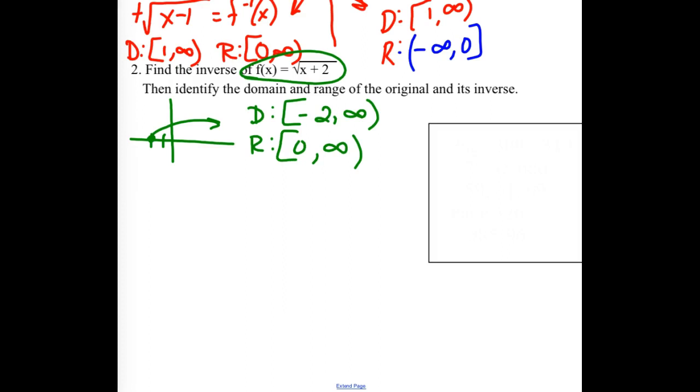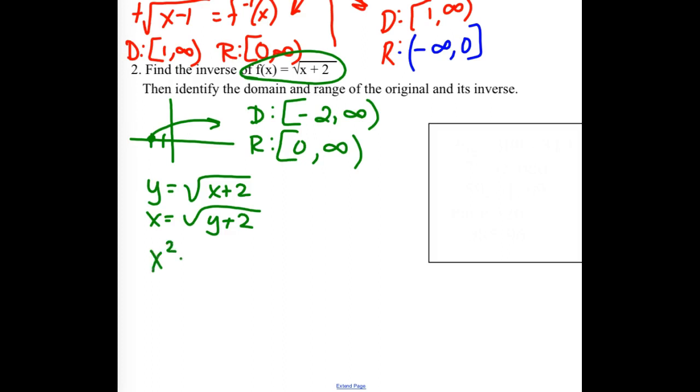Okay, start with y equals the square root of x plus 2. We've already got a restricted domain. We didn't have to create one. It was already restricted for us. Okay. Switch our x and y's. How do we get rid of that square root?